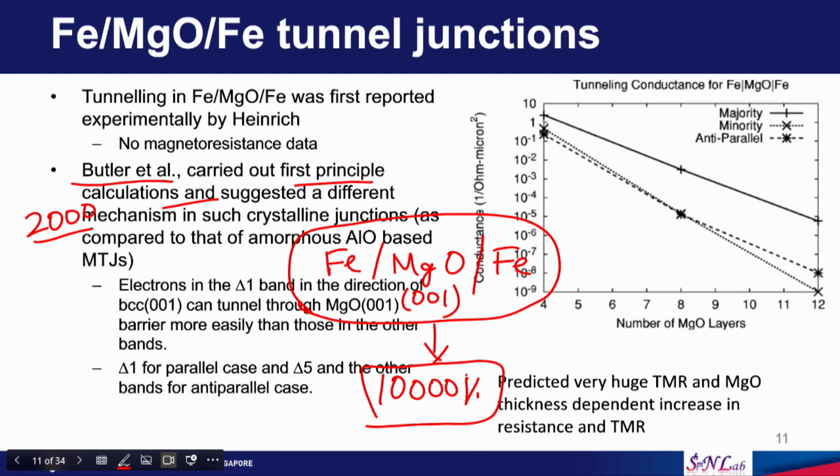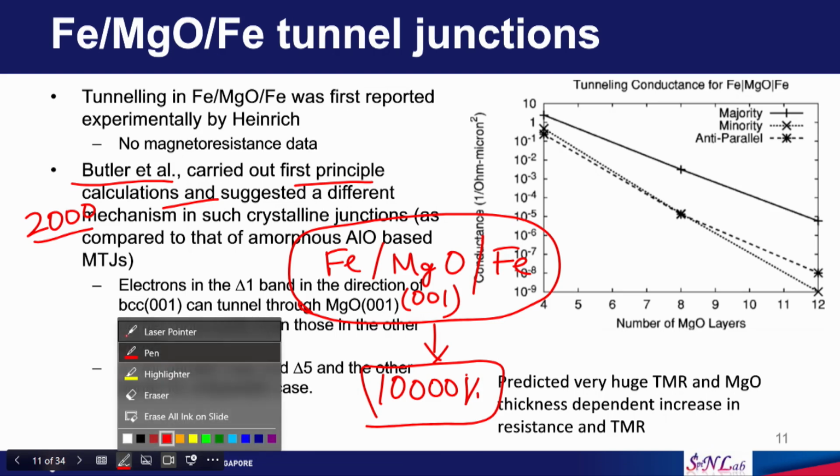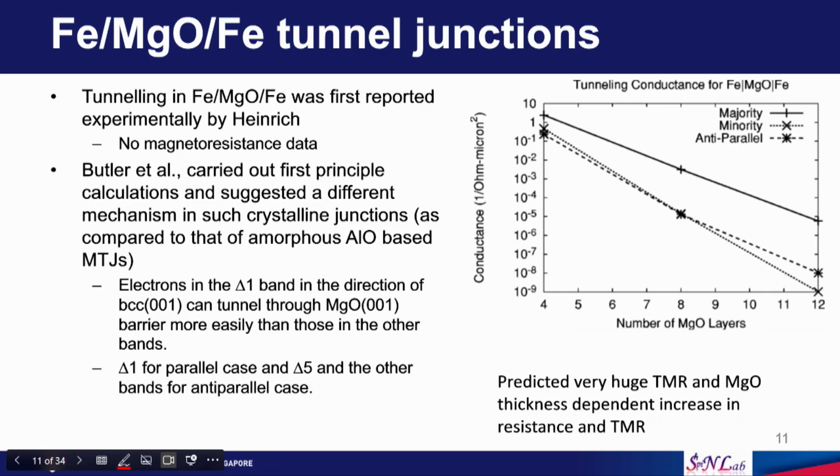So in this case, this is Professor Butler. He carried out first principle simulations. I don't know, some of you may be doing density functional theory, those kinds of things. So he uses that kind of theory, and he says that electrons in a certain band, particularly this delta 1 band, can tunnel through the magnesium oxide barrier more easily than the electrons in the other bands.